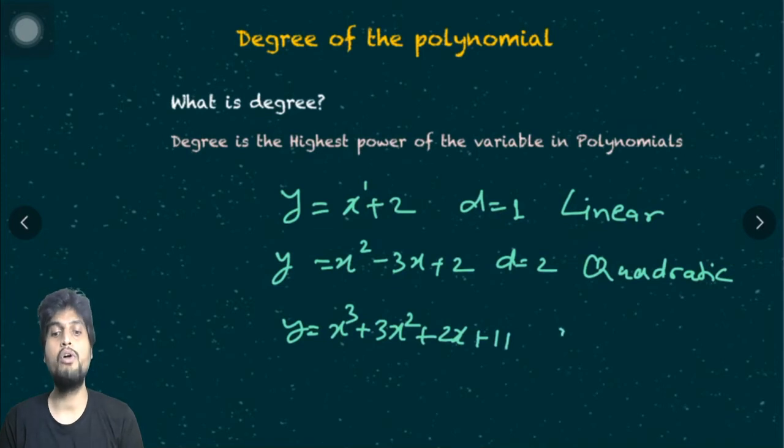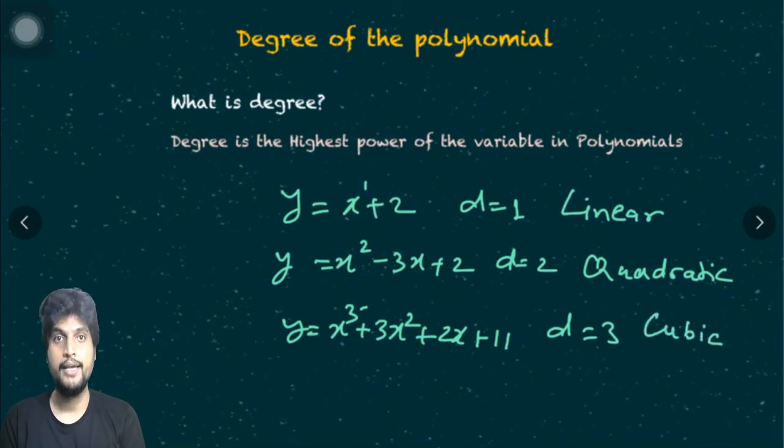Here, the highest power of x is 3, hence degree is 3. So, it's a cubic polynomial. This is what we saw about the degrees. They have different characteristics like graphs and roots. So, let's see them one by one.